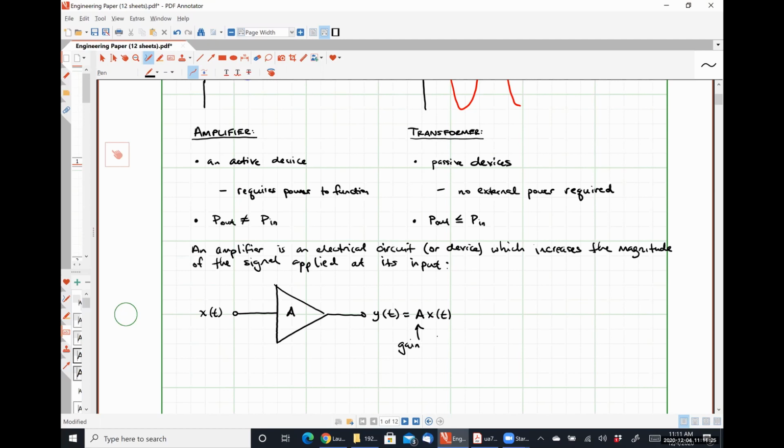That just means the gain is a dimensionless quantity, usually, that represents how much the amplifier is able to scale the input signal.